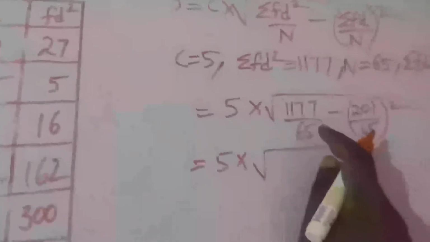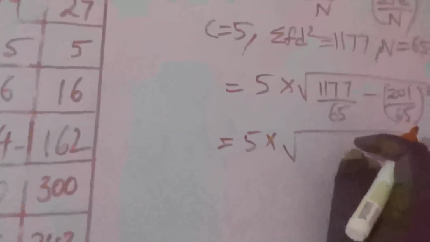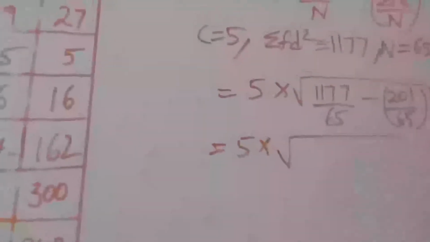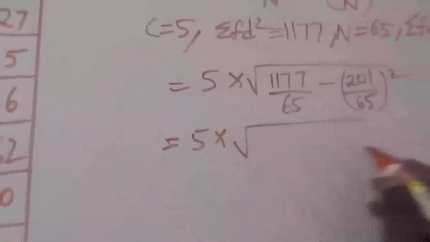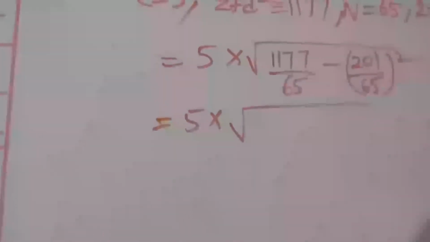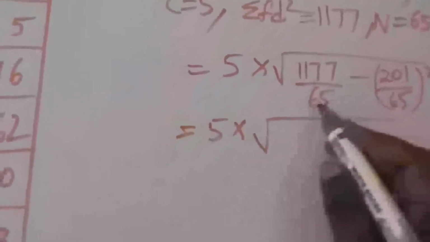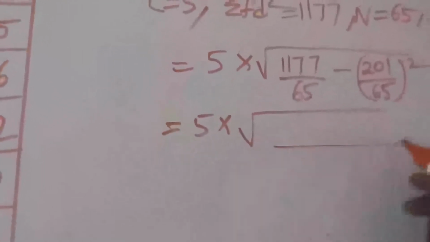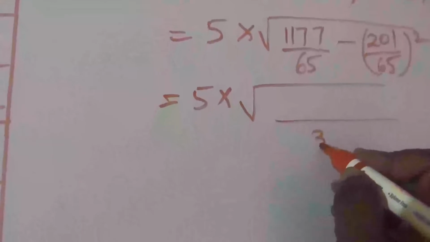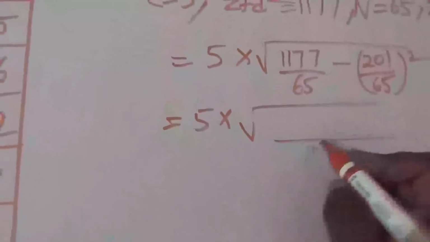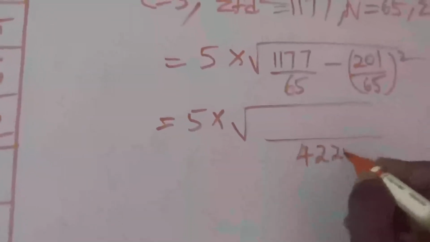Now 1177 by 65. You have to take the LCM and do the calculations. So 65 times 65 is 4225.